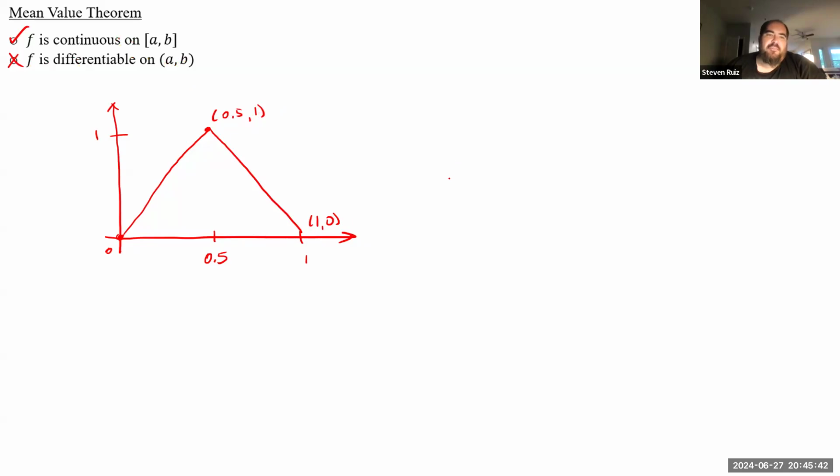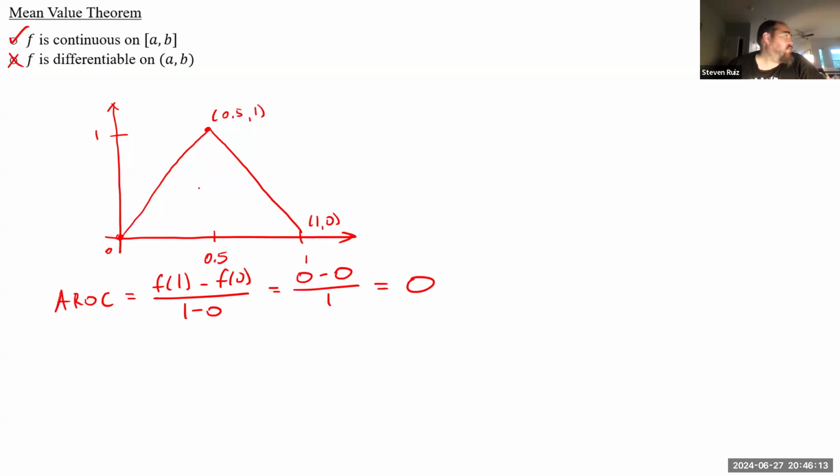So what does that mean about the conclusion of the mean value theorem? Let's find the average rate of change. That's equal to f of 1 minus f of 0 over 1 minus 0. f of 1 and f of 0 are both 0, so my slope is 0. Is there anywhere on this function that has an instantaneous rate of change of 0? I only have two slopes here, one on either side of this cusp.